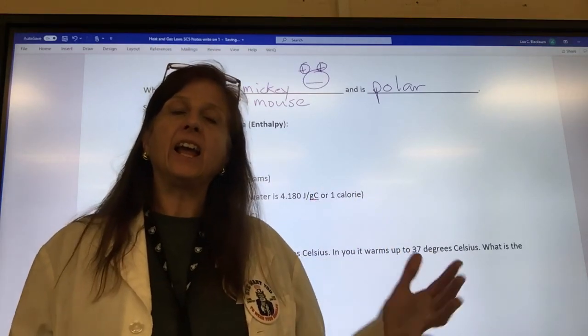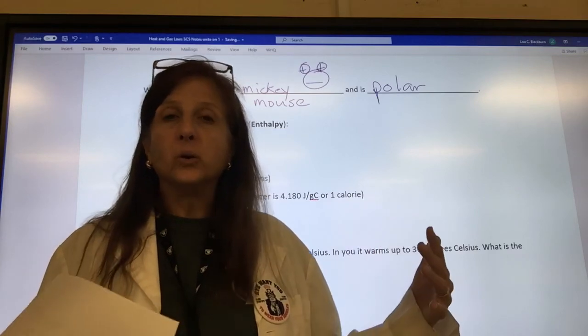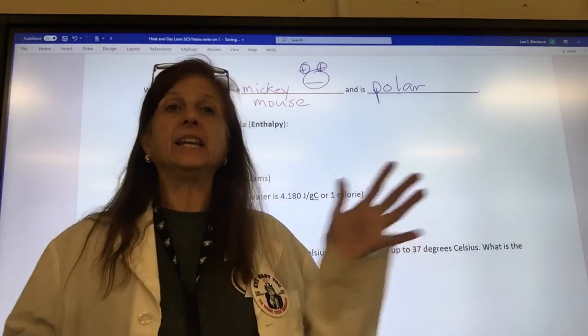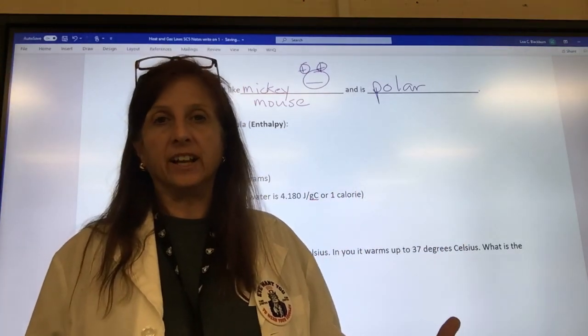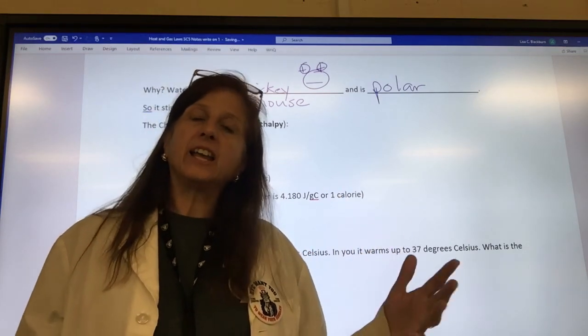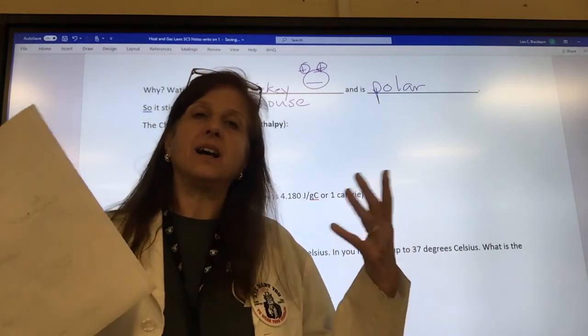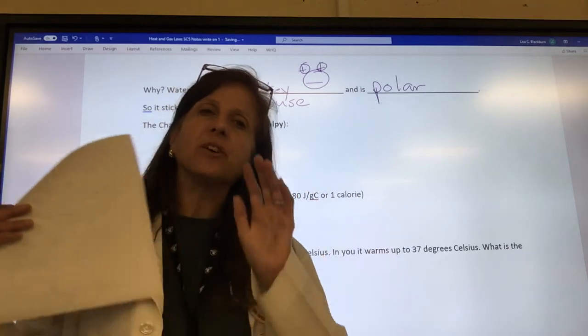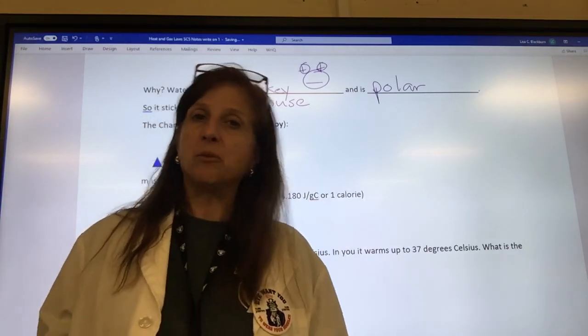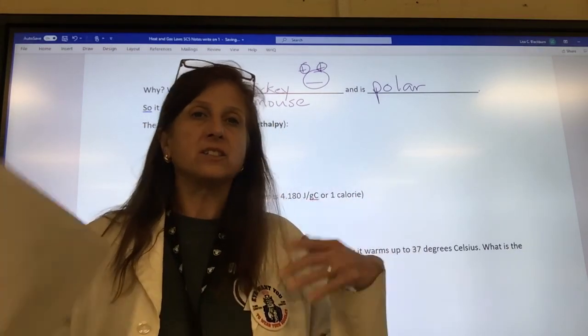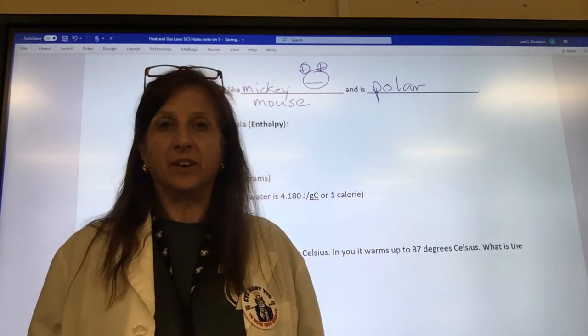So during the day, our water keeps our planet cool, and it's heating and heating and heating as the sun shines on it. But then at night, it keeps it warm because it's holding all that heat, very slowly releasing it to the environment, and that keeps our planet just a wonderful temperature for us to live on all over.